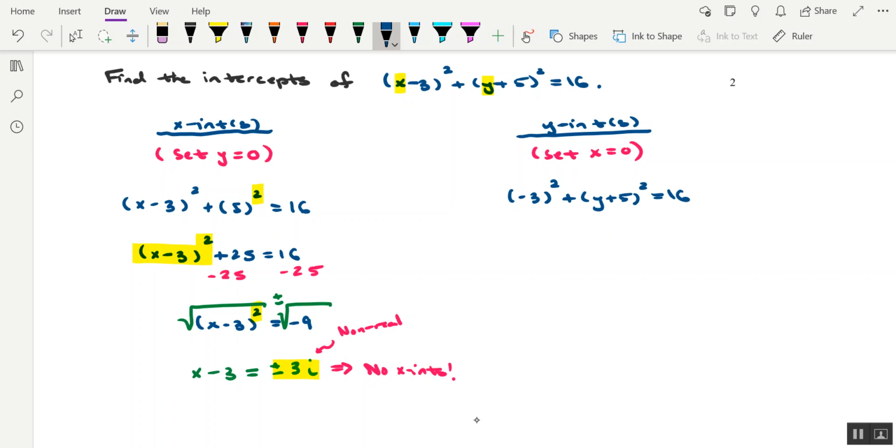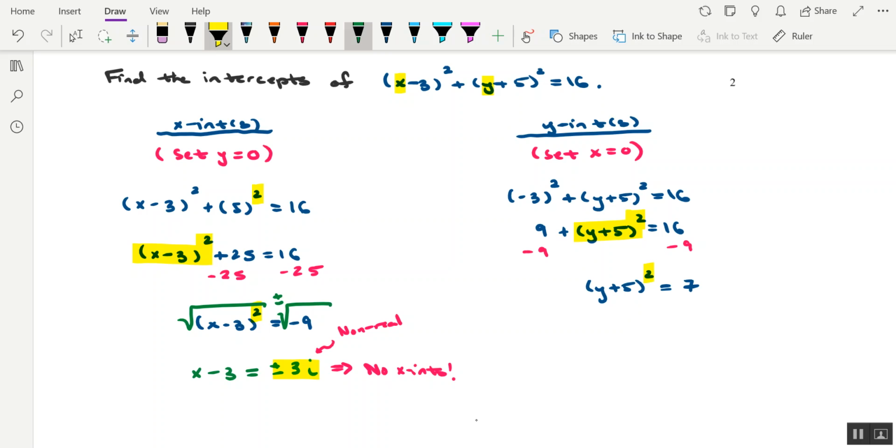Now be careful here, (-3)^2 is positive 9. And much like in the x-intercept work, we're going to want to isolate the (y + 5)^2, and we can do that via subtraction by 9 to each side of the equation. We're going to get (y + 5)^2 = 7.